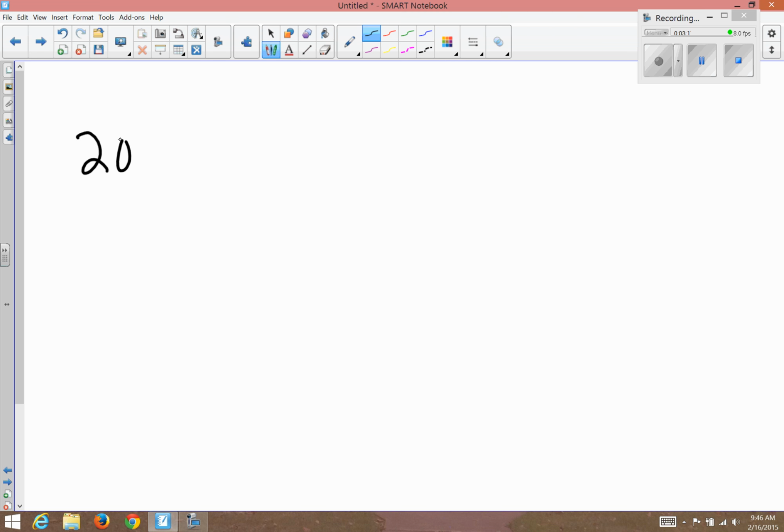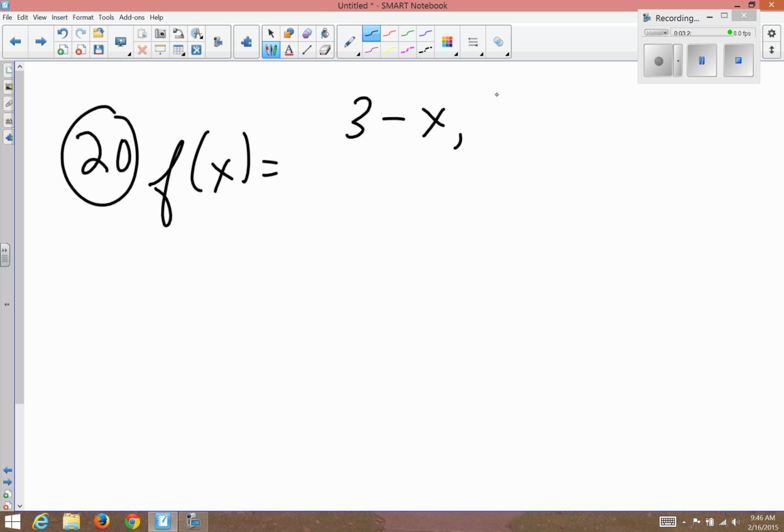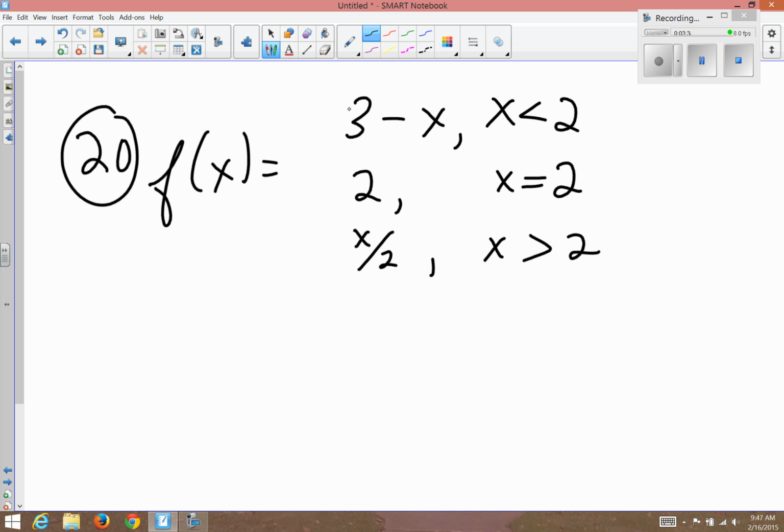Exercise 20 is a piecewise function. f of x equals 3 minus x if x is less than 2. f of x equals 2 if x is 2. f of x is x divided by 2 if x is greater than 2.